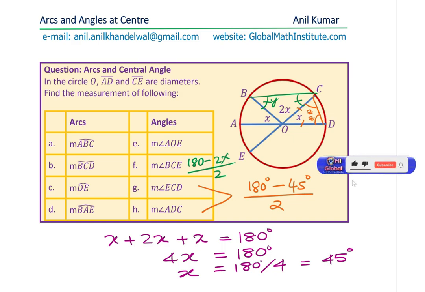And since 2x is 90 degrees, 90 divided by 2 gave us this angle as 45 degrees, right? So that is slightly tricky, and I hope now it is absolutely clear. So we have answered all the questions, and I hope this concept is absolutely clear to all the students.